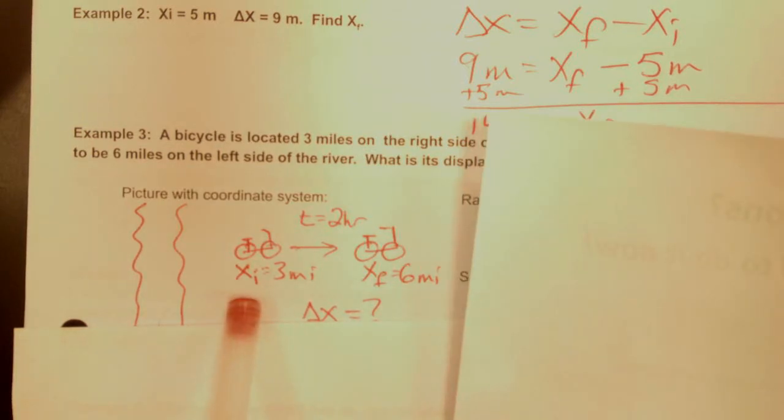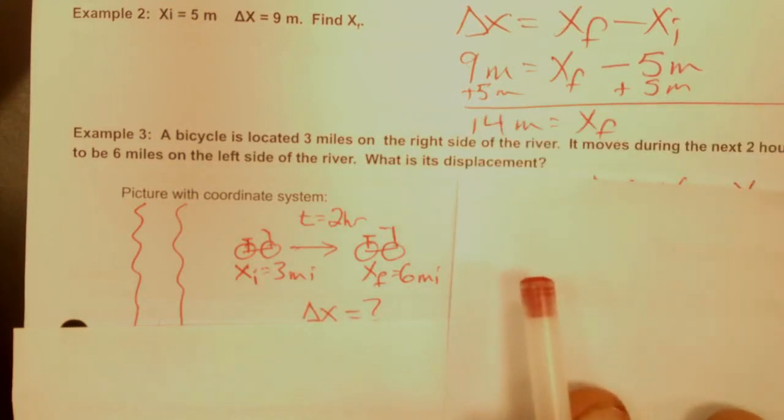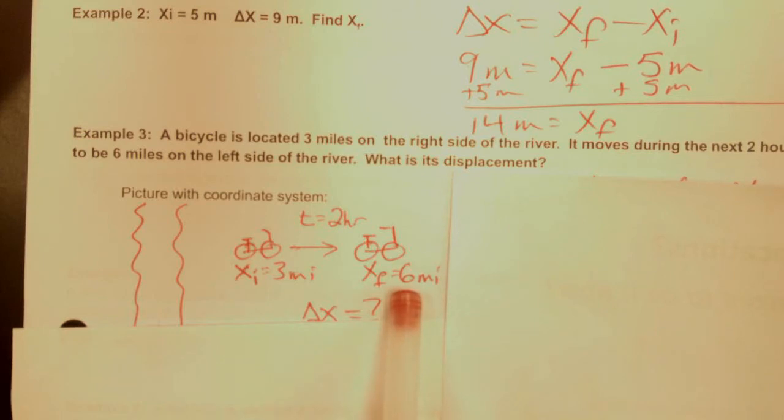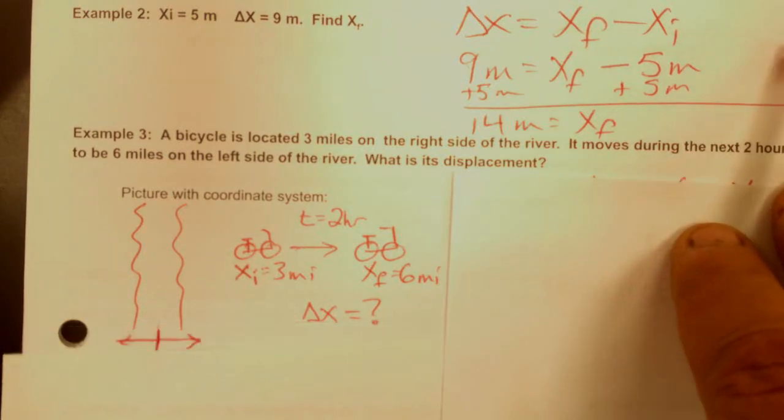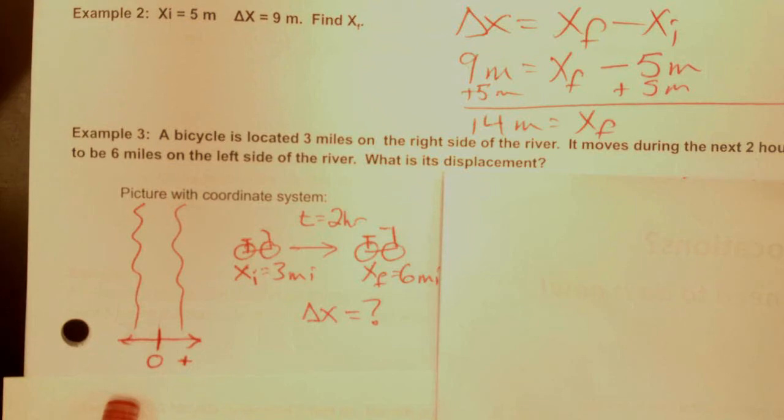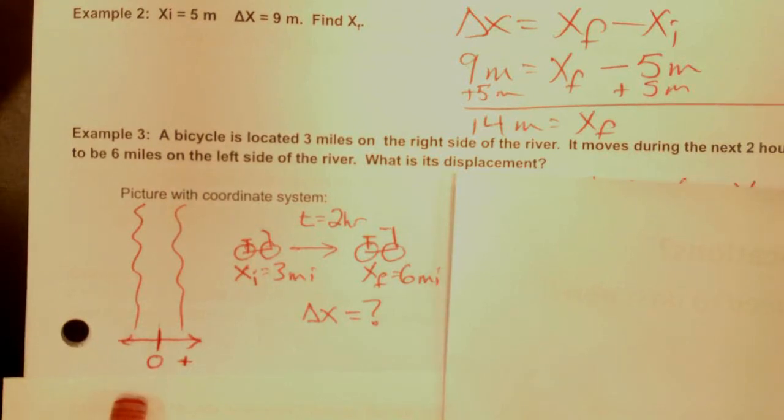The initial location is 3 miles on the right side. The final location is 6 miles. The time in between those 2 locations is 2 hours. That's all the known information. And then we also include the frame of reference, the coordinate system.